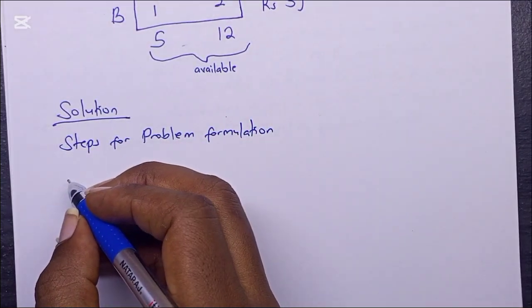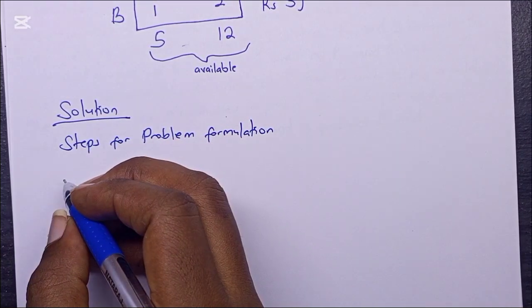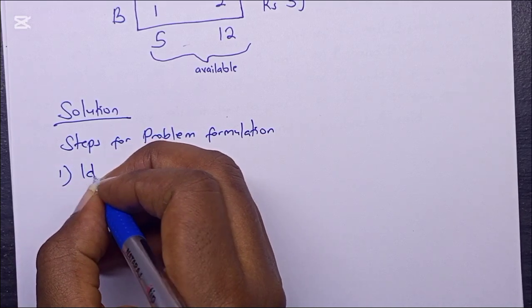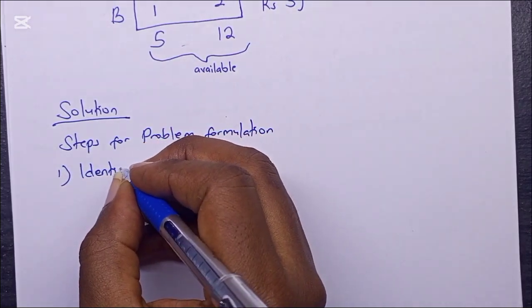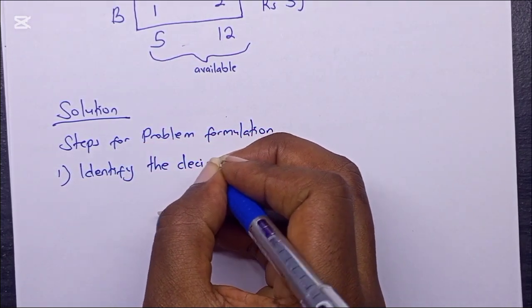If you are going to formulate a linear programming problem, these are the steps you have to take. Step 1 is you have to identify the decision variables.